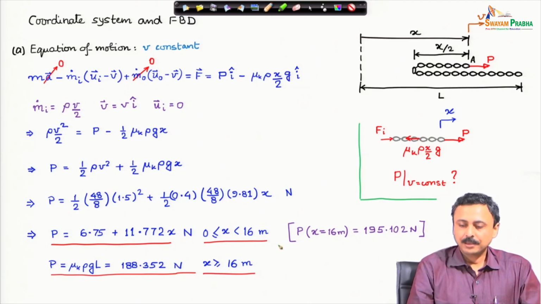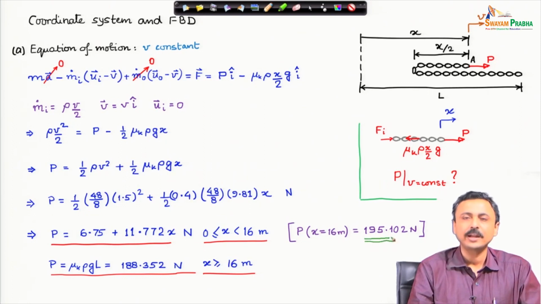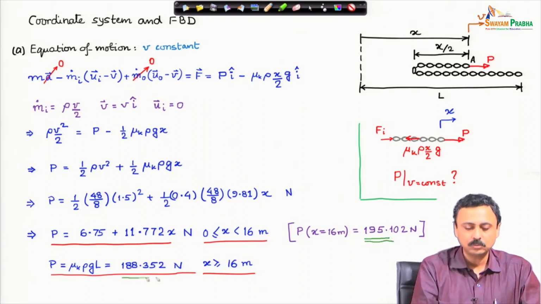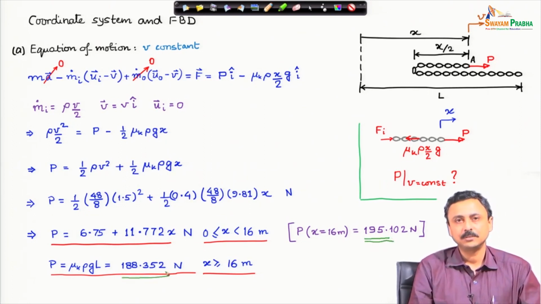Therefore, once that 16 meter is reached, suddenly the required force to maintain the velocity drops from around 195 Newton to 188 Newton. Why? Because now the impulsive force because of the mass addition is no longer present.